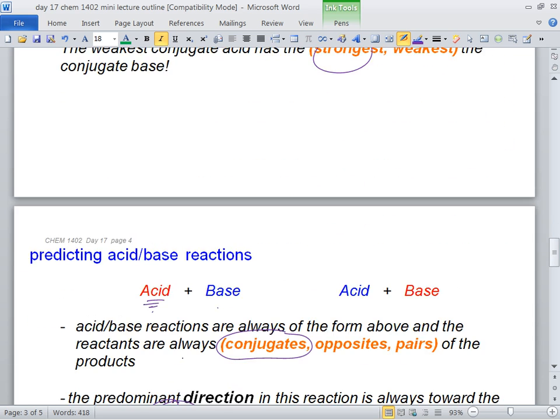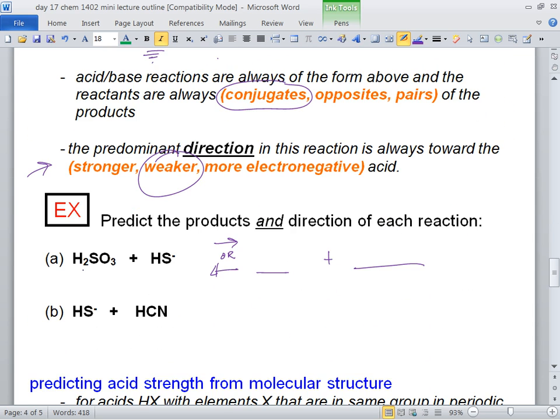But can this one go either way? No. So this H2SO3 has to be an acid. So its conjugate has to be a base. So you have to write the conjugate base of H2SO3. That's how I figure these out.